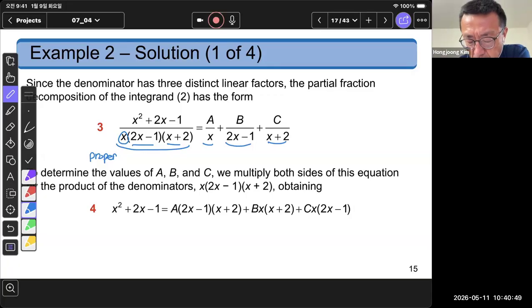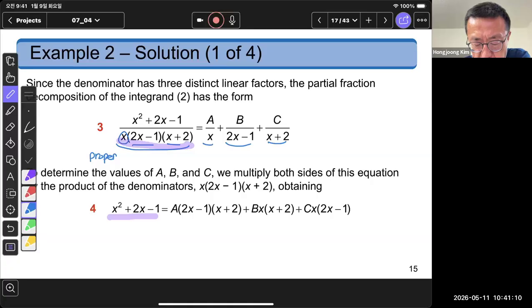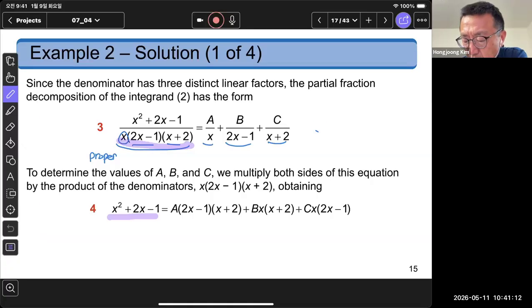What is Q? Here is my Q. If I multiply Q to the left hand side, you just get the numerator, x squared plus 2x minus 1. Now, if I multiply Q(x) on the right hand side, my Q is x times (2x minus 1) times (x plus 2).